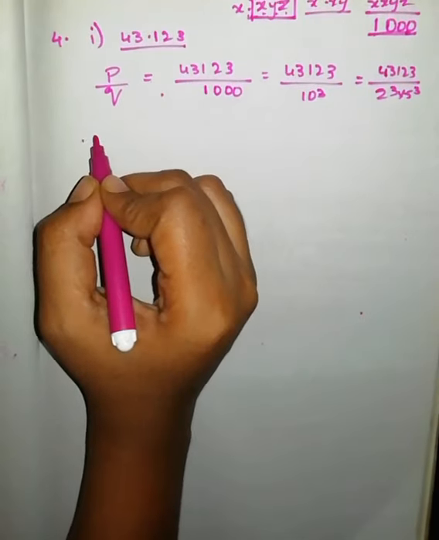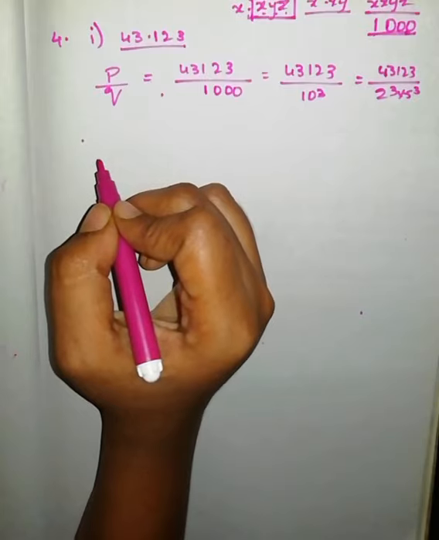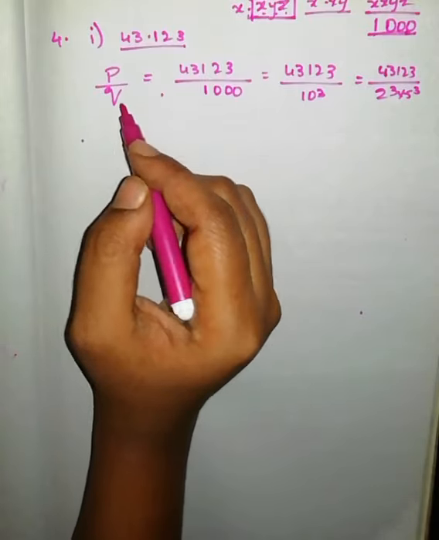Here in the question it is given to write the prime factors of q after writing this in the form of p by q.